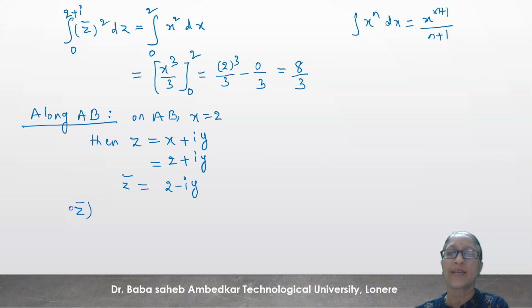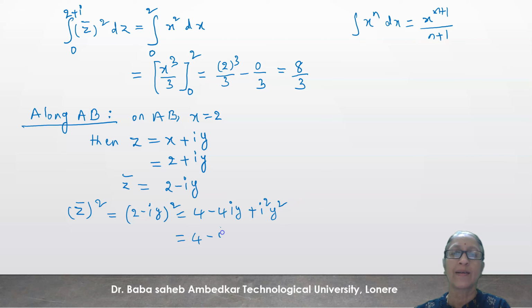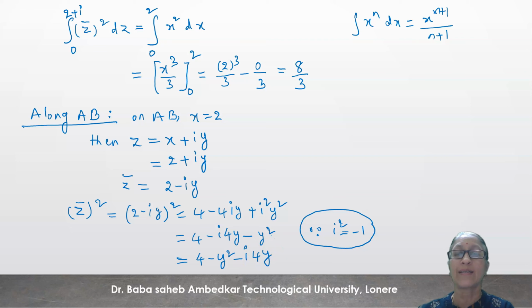Now conjugate of z square equal to 2 minus iy whole square, which is equal to 4 minus 4iy plus i square y square, which is equal to 4 minus i into 4y minus y square, since i square equal to minus 1. Okay, so this is equal to 4 minus y square minus i into 4y. This is conjugate of z whole square.